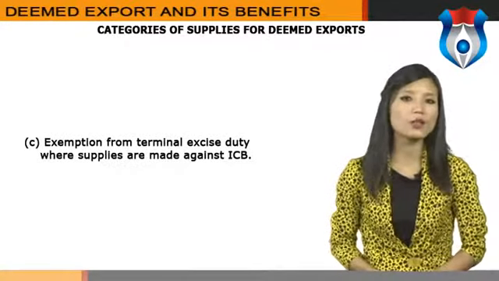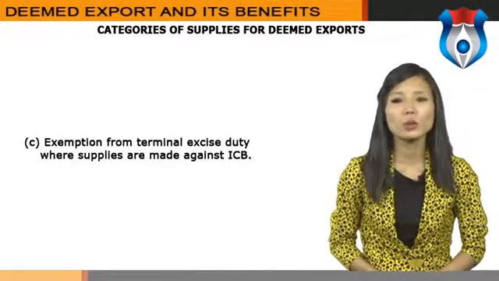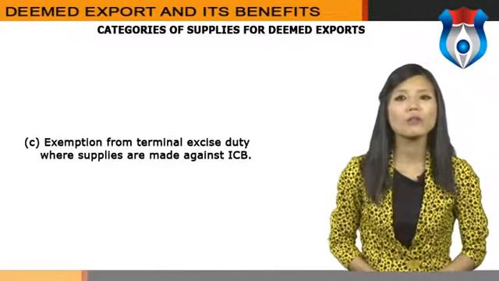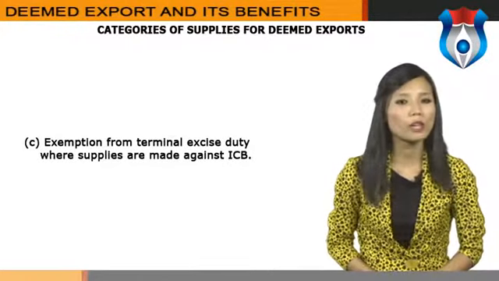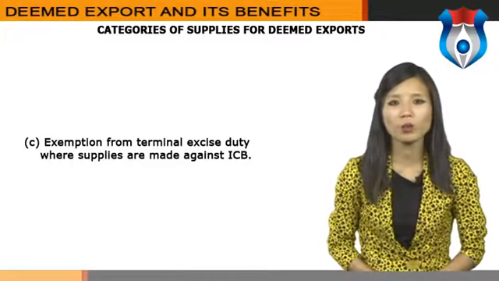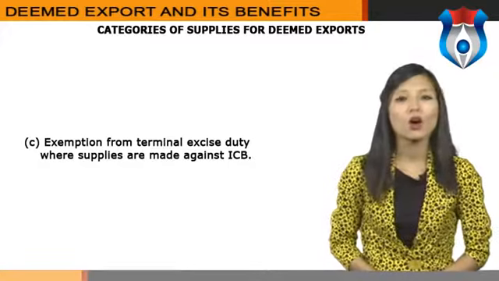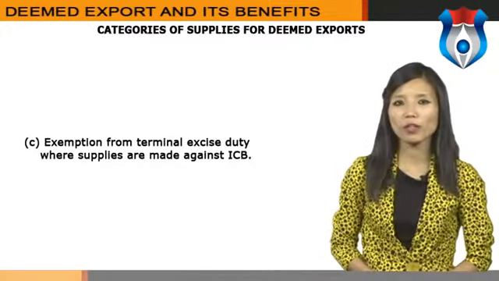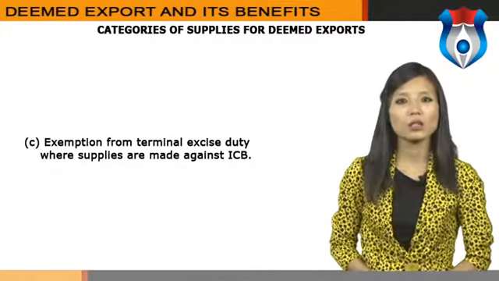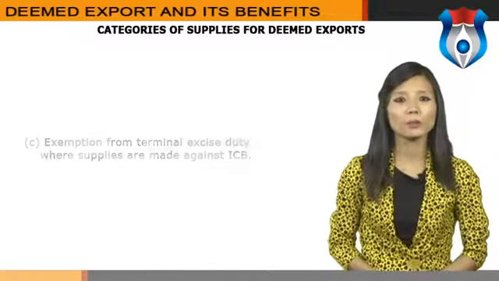In other cases, refund of terminal excise duty will be given. Exemption from TED shall also be available for supplies made by an advance authorization holder to a manufacturer holding another advance authorization if such manufacturer in turn supplies the products to an ultimate exporter.